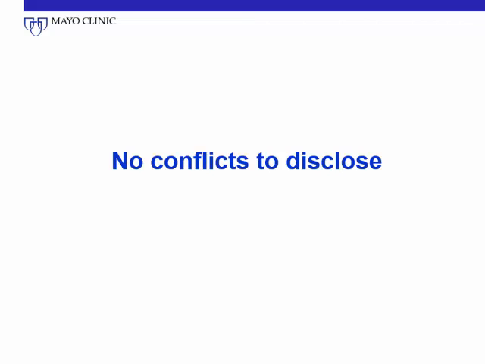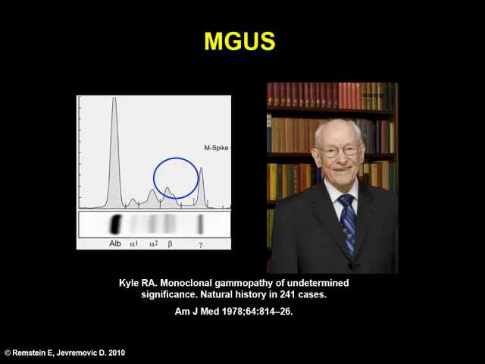In terms of when you're talking monoclonal gammopathy of undetermined significance or disease evolution, it's impossible to get anywhere without starting with Bob Kyle. Bob Kyle has been my mentor at Mayo Clinic for many decades now, and he coined the term monoclonal gammopathy of undetermined significance in 1976.